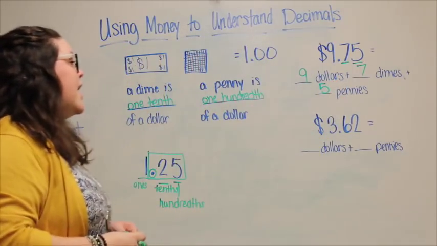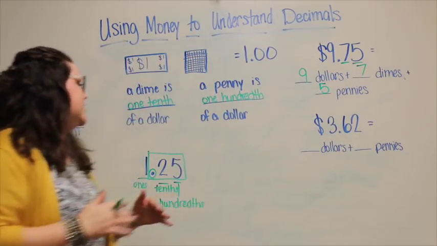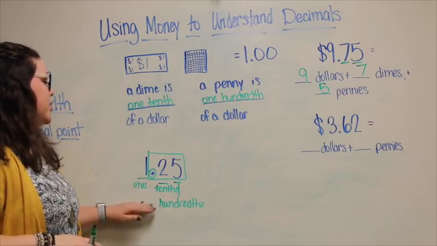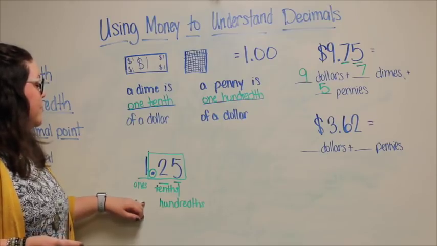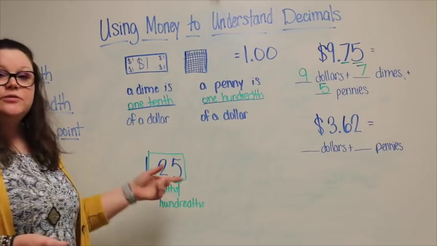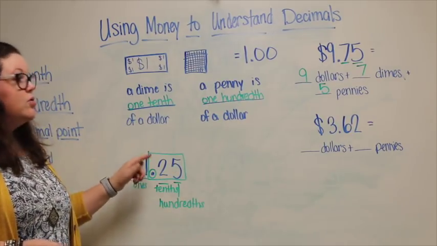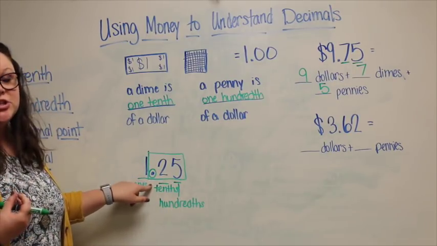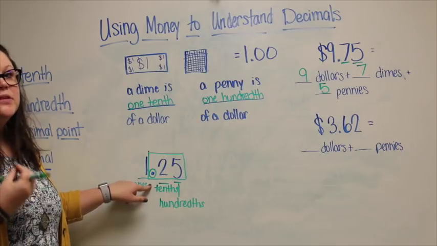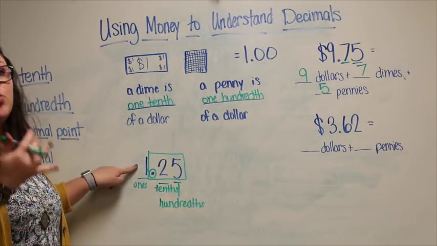And just to go back real quick, because I didn't cover this, it is also important that you know how to read a decimal, a number with a decimal. So we don't read this 1.25. When we read a decimal as mathematicians, we say the word and. So this is 1 because it's one whole.